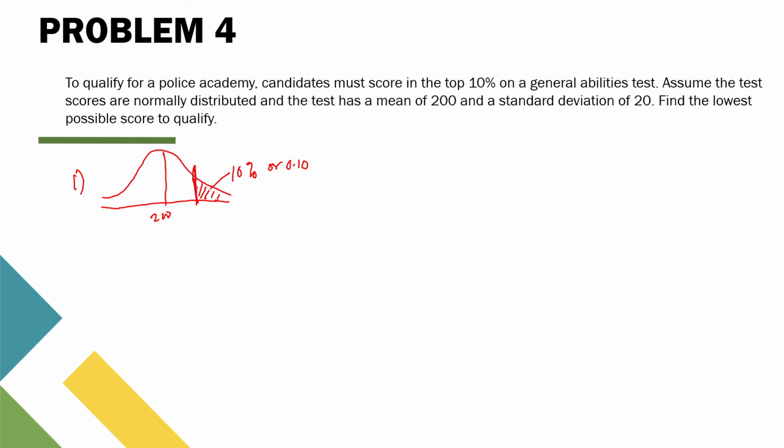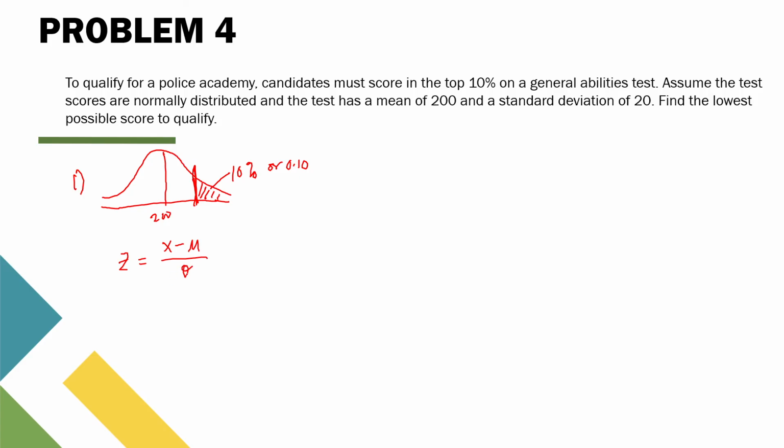How to find the value for our z here? In order for us to get the value for x, first we need to have the formula. Since what we're looking for here is the possible score, the lowest score to qualify for the police academy, the formula is z equals x minus the mean over the standard deviation.